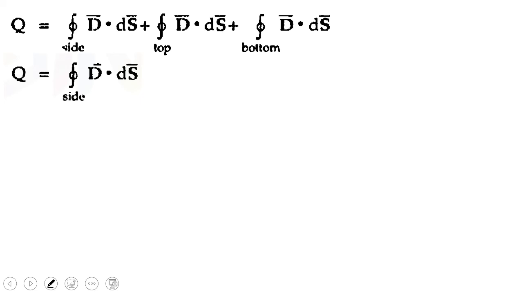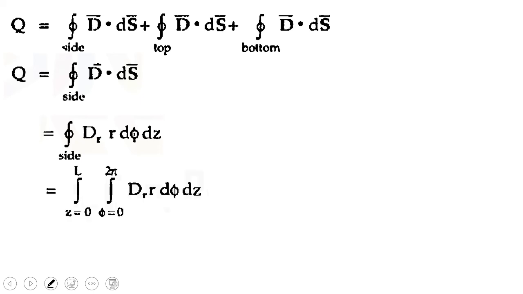After this, apply D dot dS: D_r into r dφ dz over the side. Now we can integrate it. While integrating, D_r is a constant. First, we will write the limits before integration. Here we have two terms, dφ and dz.